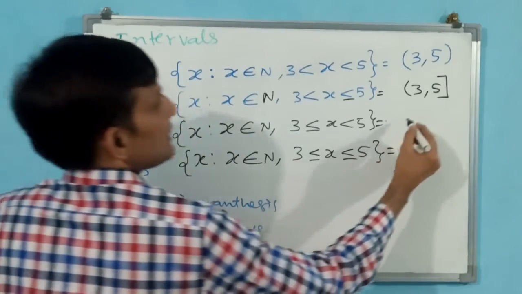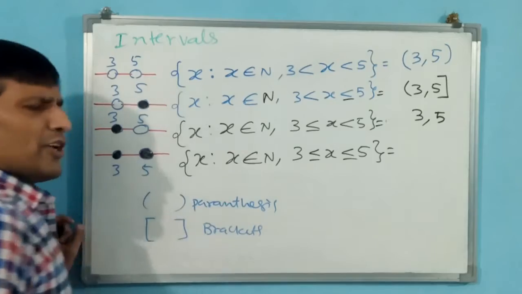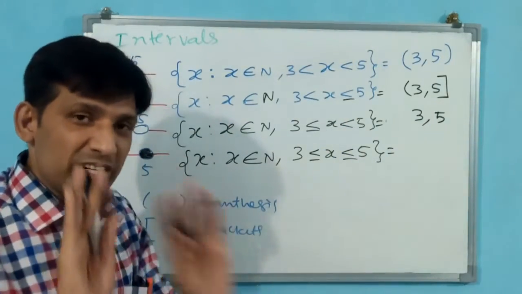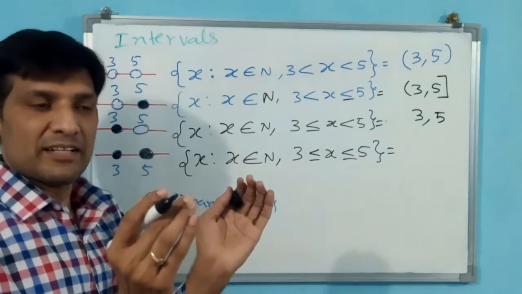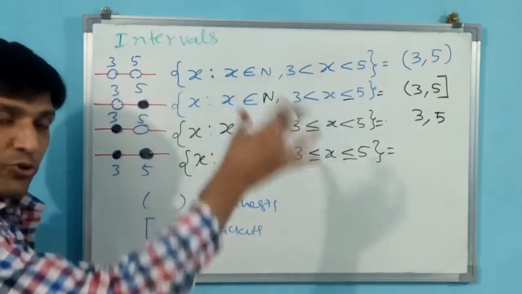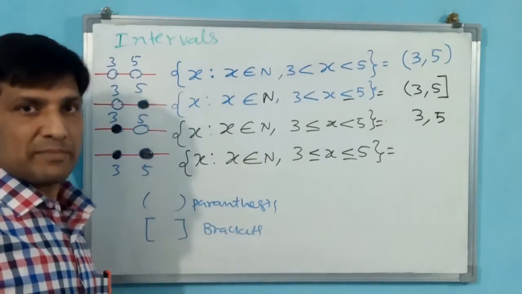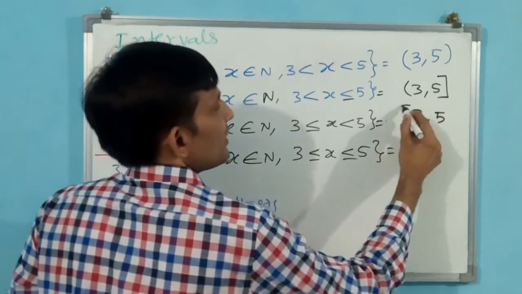Again let us see this one. 3, 5. In between you did not take. Earlier you have taken 3, 4, 5 something like that. You need not take all these things for this final interval representation. That is why I have shown you all. See, I am building up the concept like that. Okay, now here is closed, 3 side.